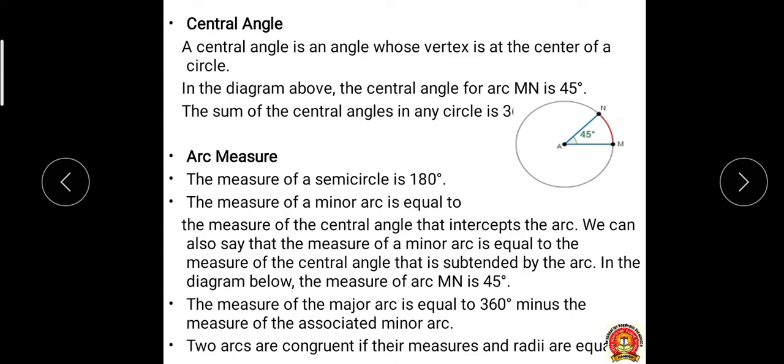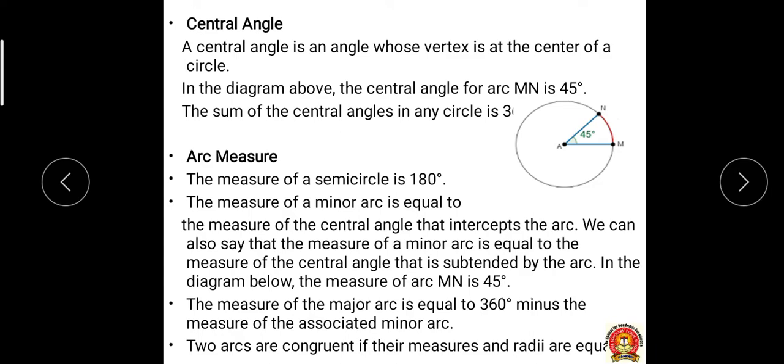We can say that the measure of a minor arc is equal to the measure of the central angle subtended by the arc. In the diagram, the measure of arc MN is 45 degrees. The measure of the major arc is equal to 360 minus the corresponding minor arc.